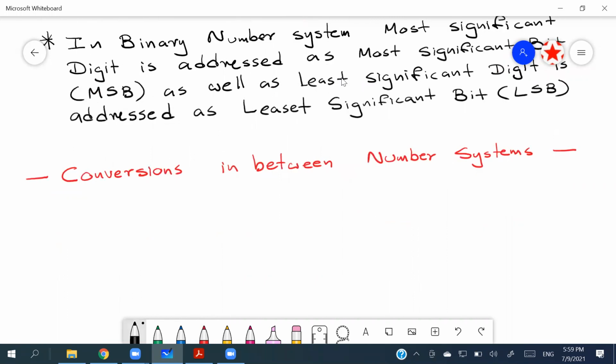So there are numbers in decimal which we are going to convert into a binary, into an octal, and into a hexadecimal. The numbers are given in decimal, so we are going to convert them into the non-decimal number systems.